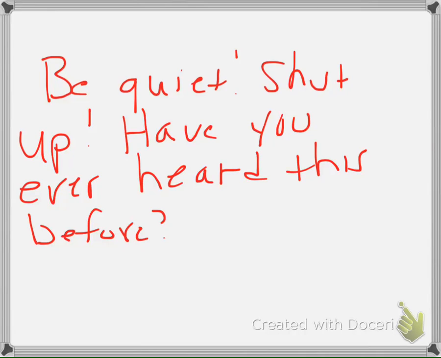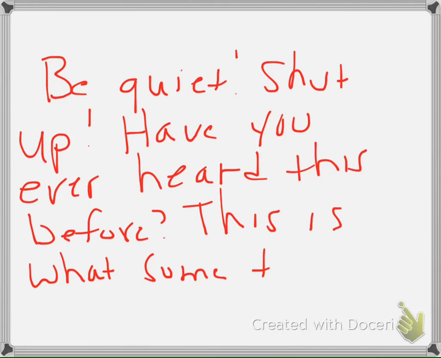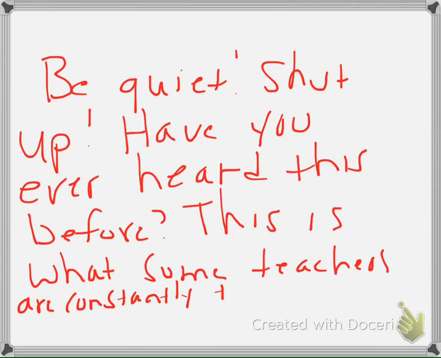Then he writes, this is what some teachers are constantly telling students. So what would I put now? What do I need? Transition. Transition to my what? Topic. You got it. How do you prevent this?